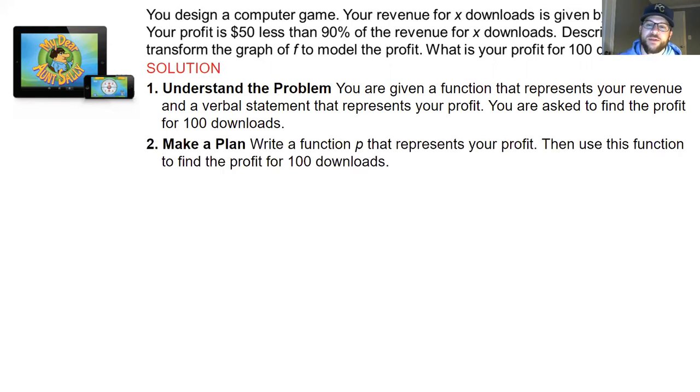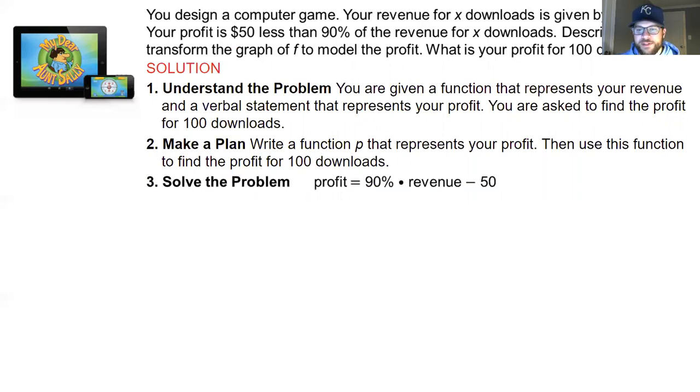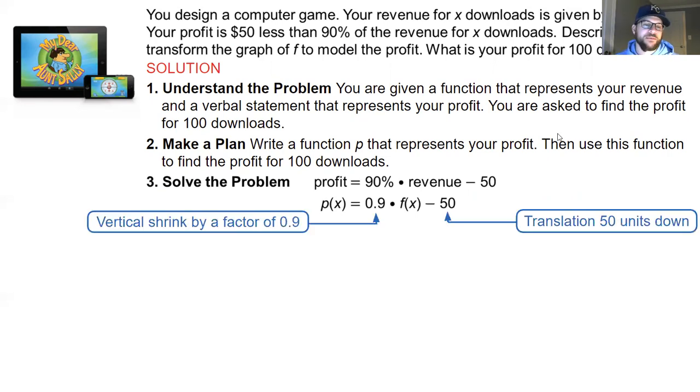Revenue does not necessarily mean profit. You need to write a function that represents your profit and then use this function to find the profit for 100 downloads. So your profit is a function of 90% of your revenue minus $50. 90% written as a decimal, you just move it over twice, 0.9, times your revenue function, which is our f(x) = 2x, minus 50.